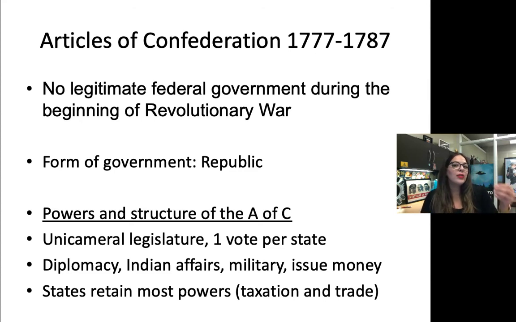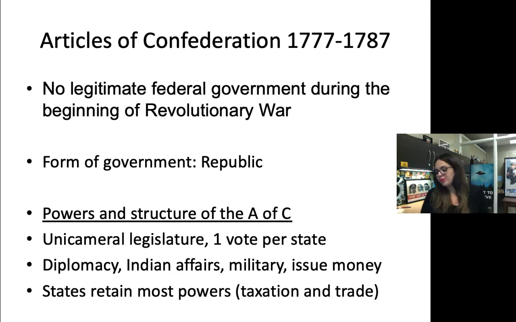So they are going to have authority over taxation, over trade, over levies and fines and things like that, which at the time seemed like a good idea. But once the revolution is over, what they're going to come to find out is that it is totally impractical and very, very inconvenient to continue with that plan.